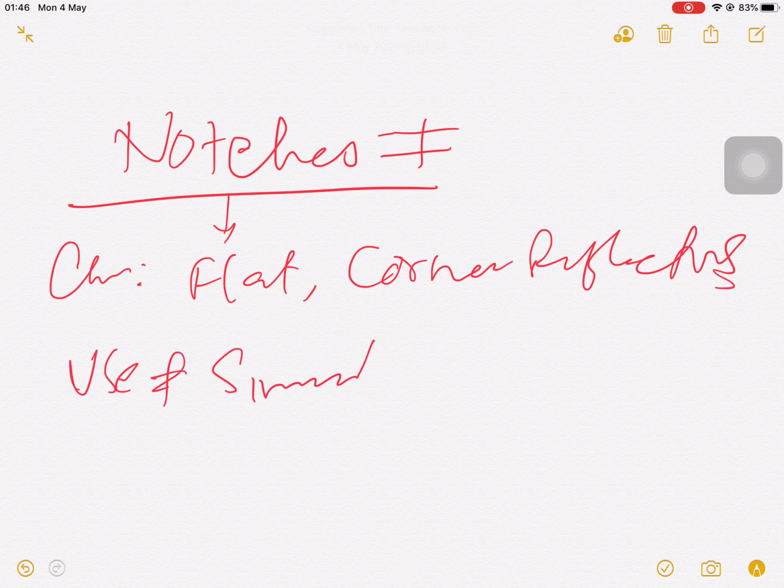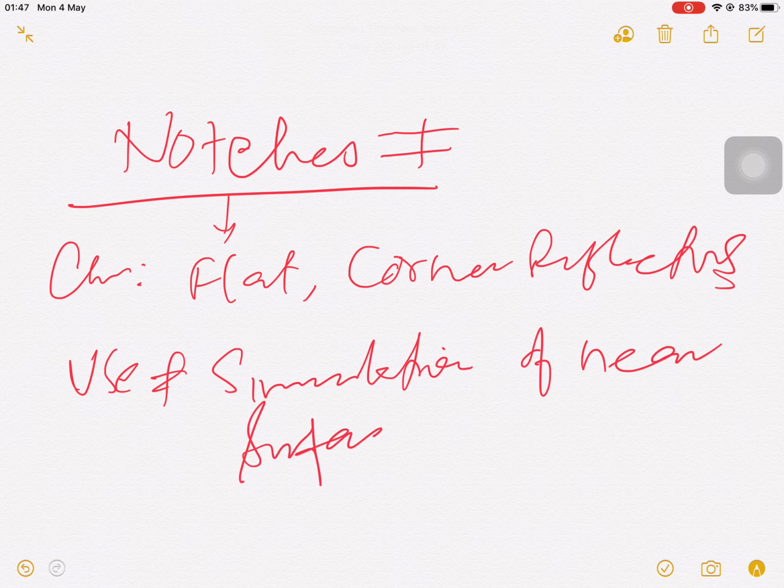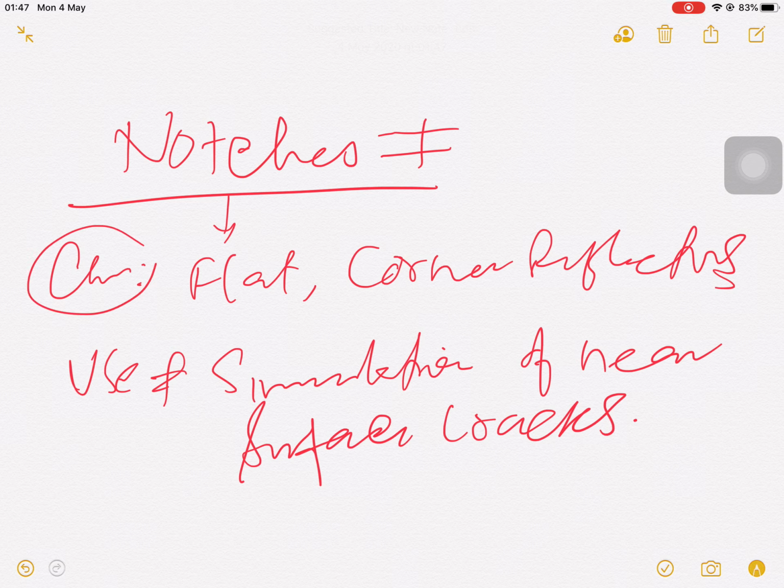For simulation of a near surface crack. So you must understand, because notches are very important: the characteristic for notches is a flat or corner reflector, and the use is simulation of near surface cracks.